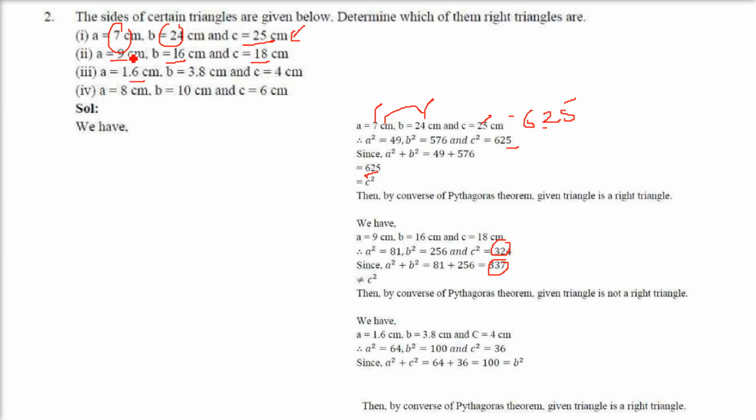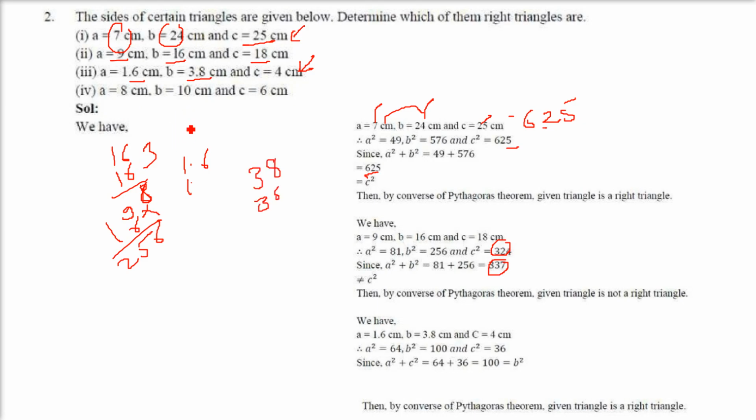Again 1.6 square plus 3.8 square, let us see if we add the squares of these, can we get 4 square? Let us work it out. This is 1.6 square. 1.6 times 1.6, 6 sixes are 36, carry 3, and so on, giving 256, and because of the decimals, I'll add the decimal later.